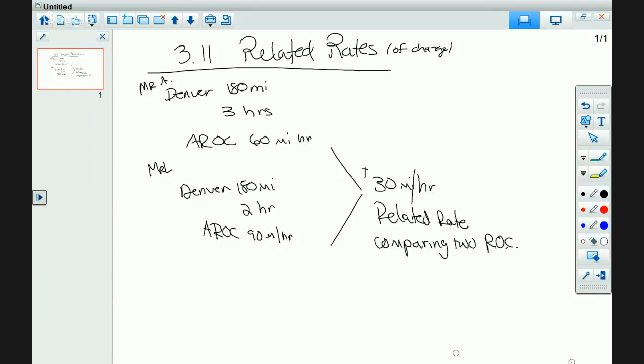In this case, it's easy because it's a linear subtraction problem. Like I said, these can get very, very nasty. This is the concept.